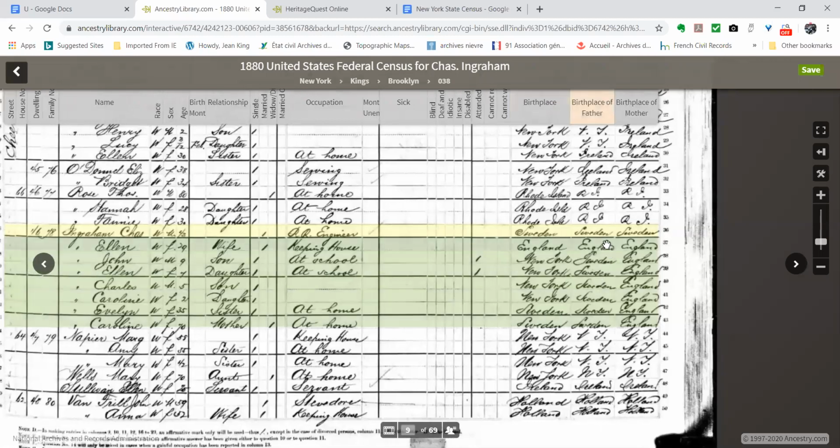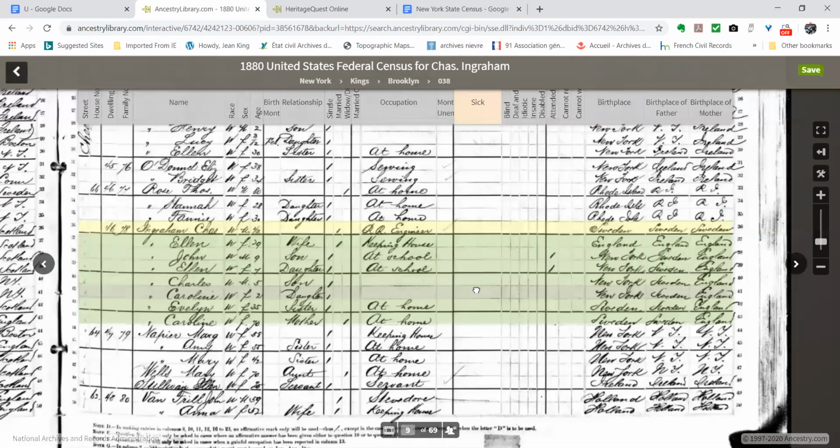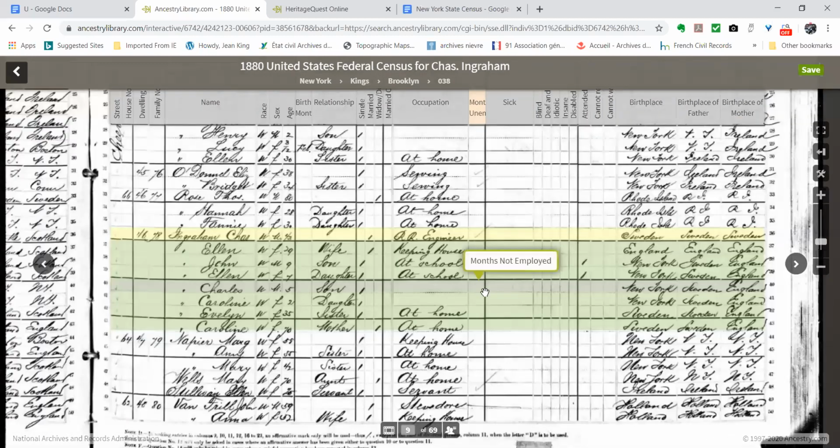Now you're getting the exact country where the mother and father were born, as well as where the person was born. So his children were all born here, but he was born in Sweden. His wife was born in England. And his mother and sister were both born in Sweden. And his wife was keeping house.